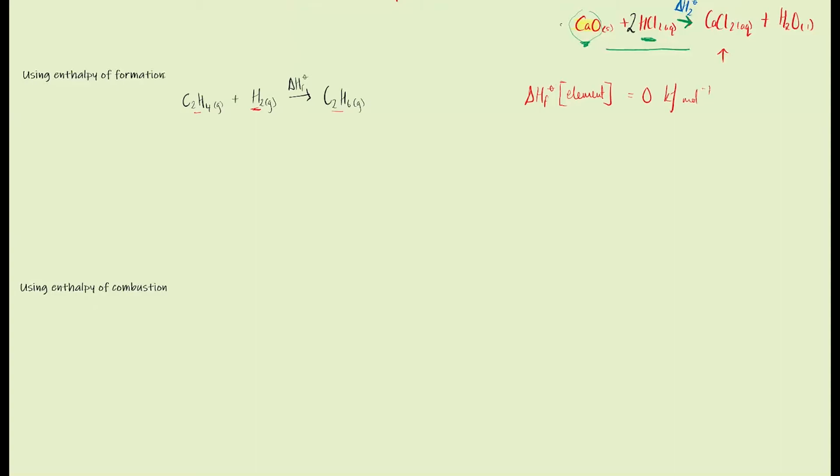Because the definition states that it's the amount of energy to form 1 mole of a substance from its constituent elements. Remember, constituent elements means what they exist as at standard states conditions.